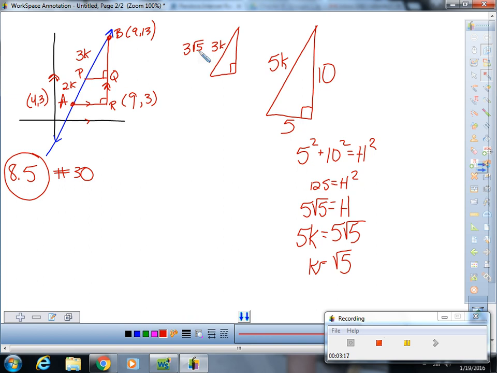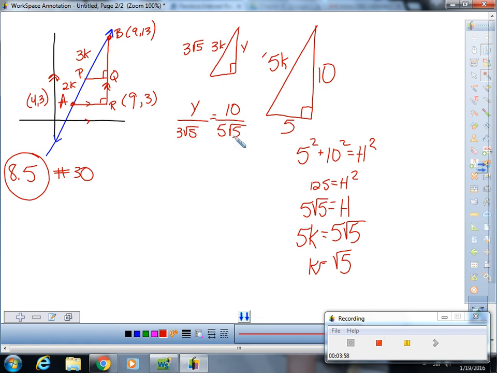There's a lot of ways we can do this. Let's see, I think we just go right to this. Let's call this a Y. So we say Y is to 3 radical 5 like 10 is to, what did we find out this thing was? 5 radical 5.